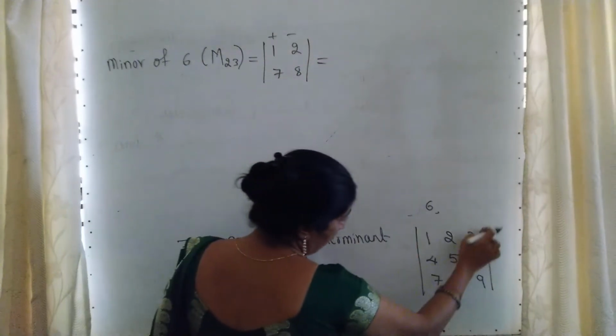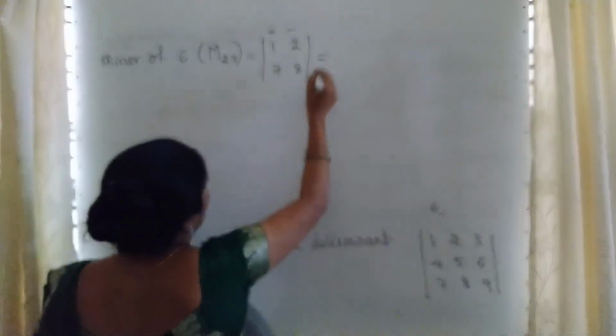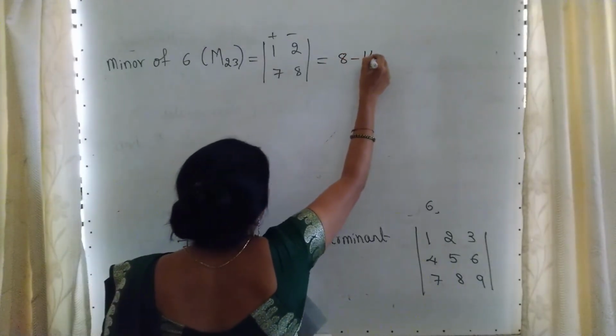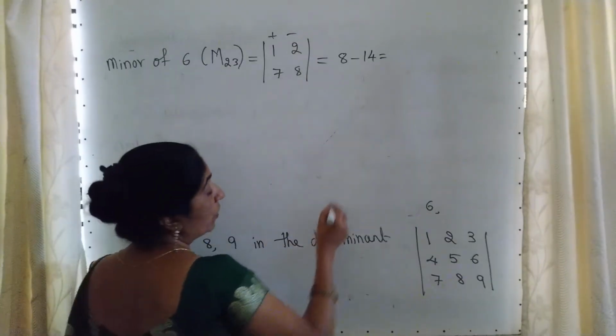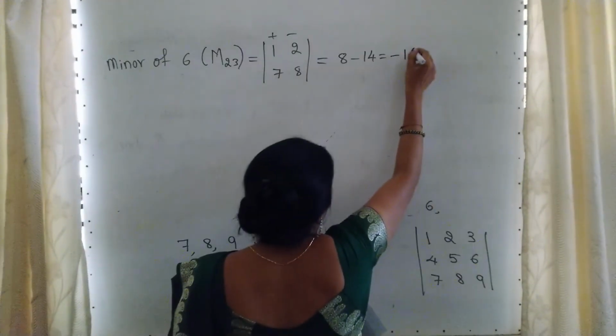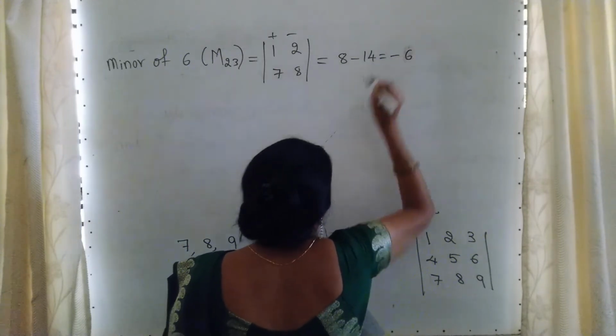Leave the 1, 2, 3 row and the column of 3, so the remaining are 7, 8. Now what is the answer? 8 minus 14, that is minus 6.